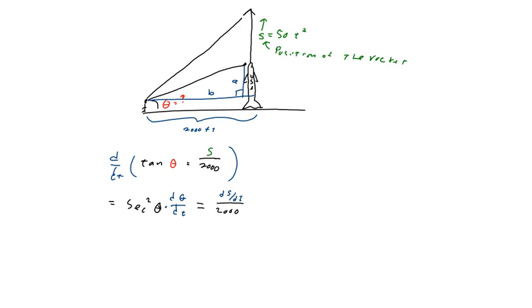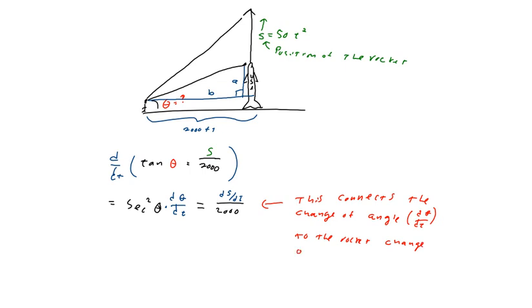So this connects the change of angle, which is d theta dt, to the rocket change of position, ds dt.